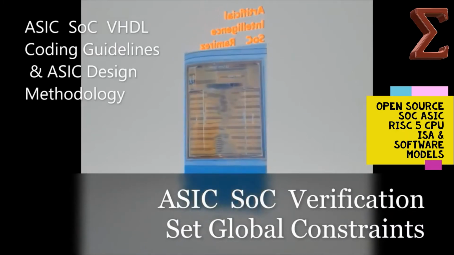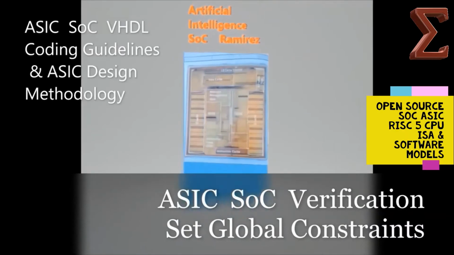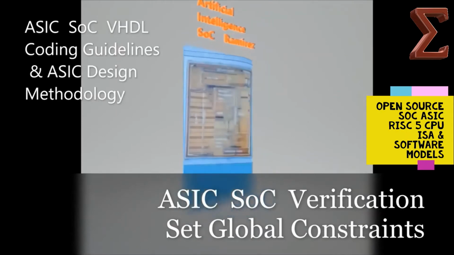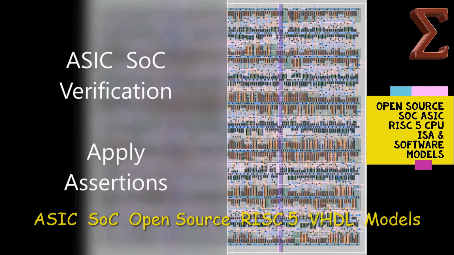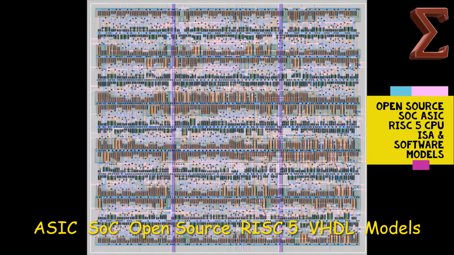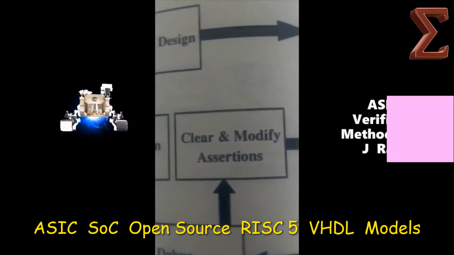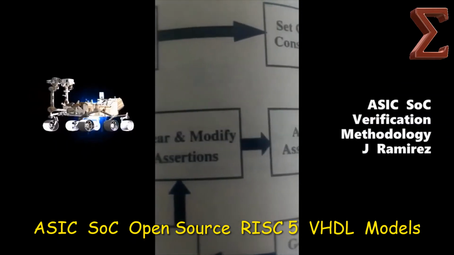The system-on-chip ASIC designed software models were written in VHDL. The basic software coding rule is that in order to obtain predictable results, code was kept simple.